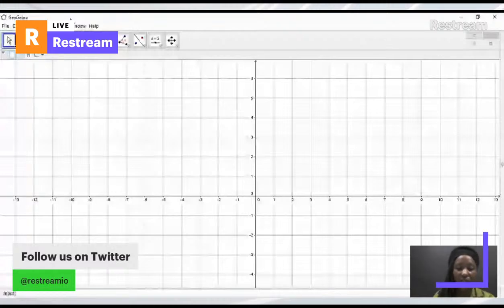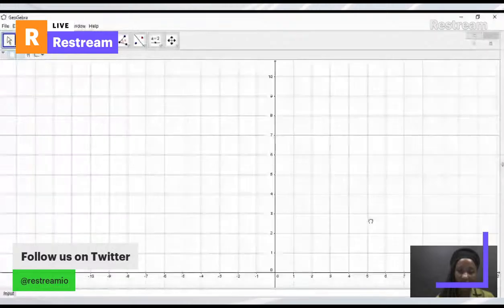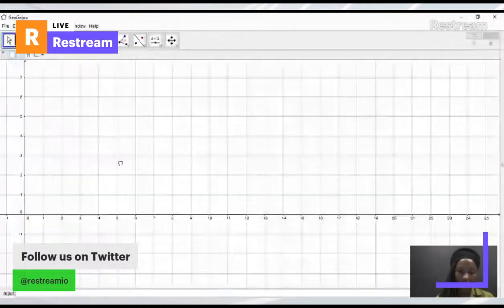So right now I'm using the grid and plane, as you can see, and you can move it up and down where you want it. You can move the x-axis further up or further down, or the y-axis further to the left or right.